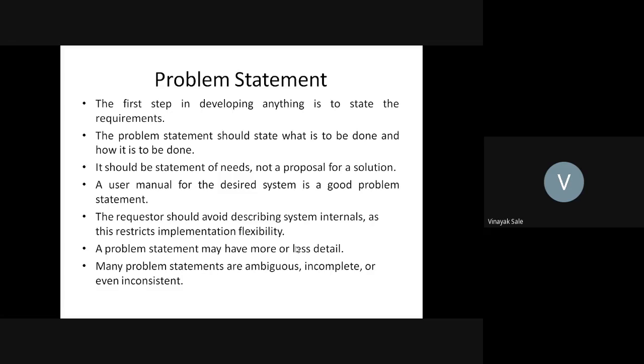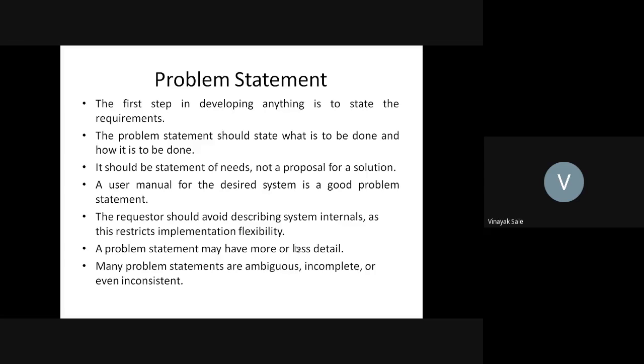It should be a statement of needs, not a proposal of a solution. A user manual for the desired system is a good problem statement. The requester should avoid describing system internals, as these restrict implementation flexibility. A problem statement may have more or less detail.